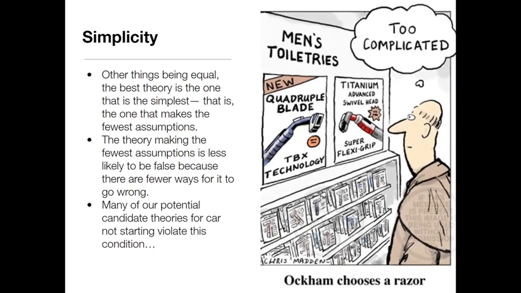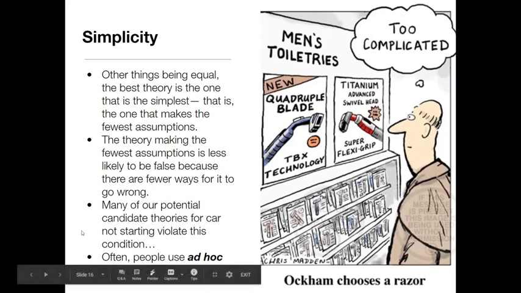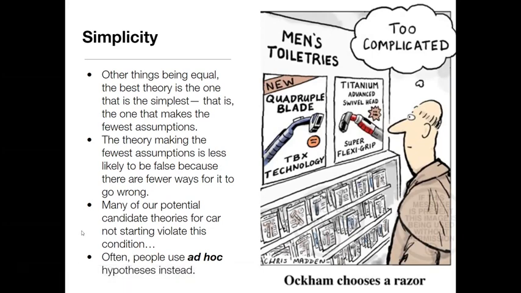Many of our potential candidate theories for the car not starting violate this condition. Often people use what are called ad hoc hypotheses. What's an ad hoc hypothesis? This is where we come up with a hypothesis after the fact. So it'd be like, with my bottle example smashing in the freezer, oh well, the hypothesis is Anthony slipped and fell and the bottle shattered in the freezer, right?